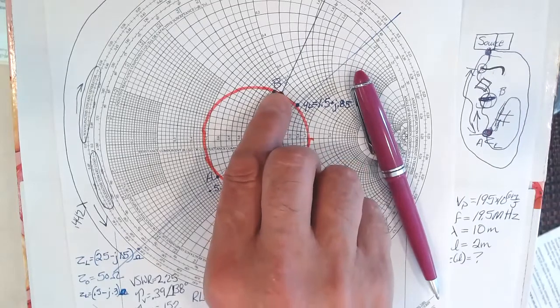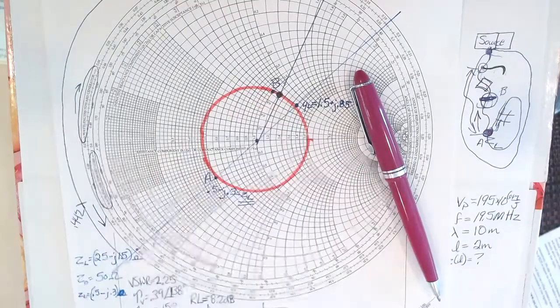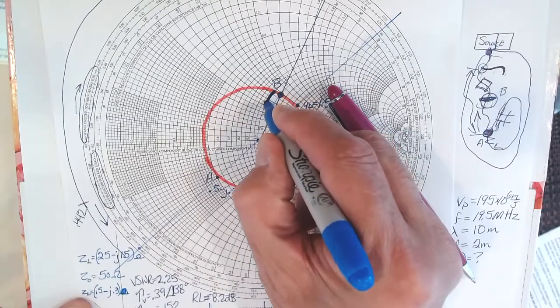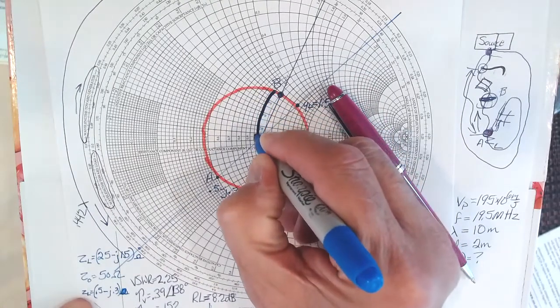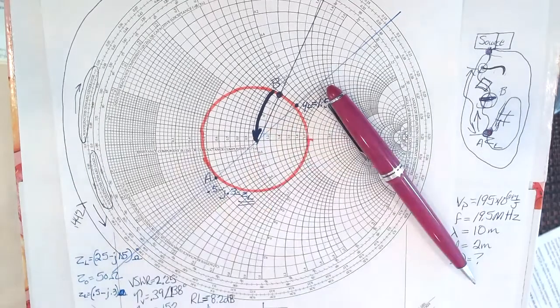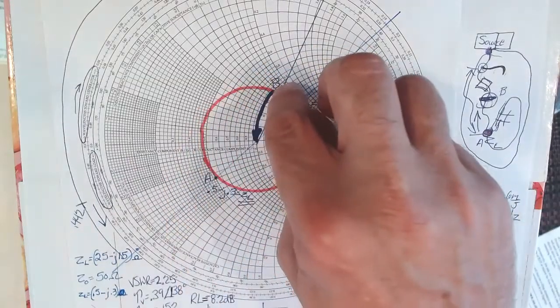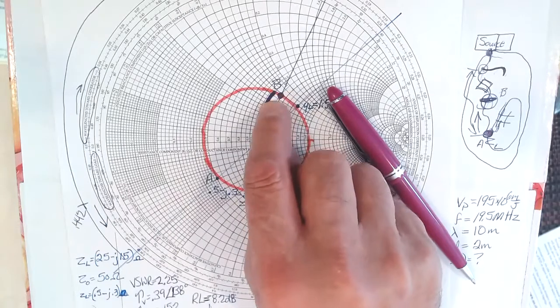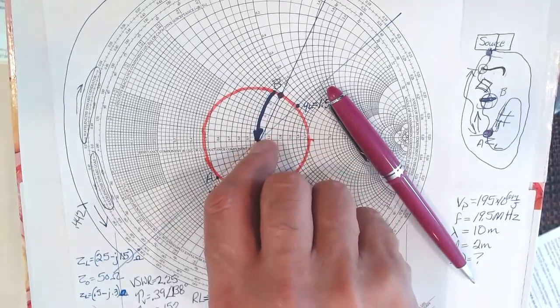But if I can get to that point, then I can put a stub in there that will take me back down this line eventually to get to the center. And that's what we really want to do. With a series stub matching, we would want to come around here to that point, and then put in a stub right there that would bring it back down to this point.